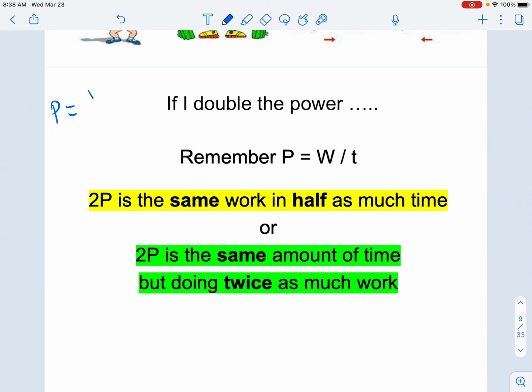Here, I just want to remind you that we need to be able to analyze the effects of both work and time to determine how powerful something is, or if we're comparing two different things.